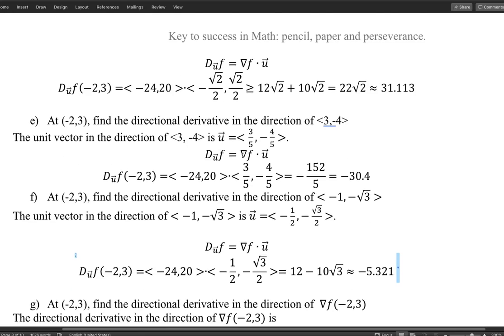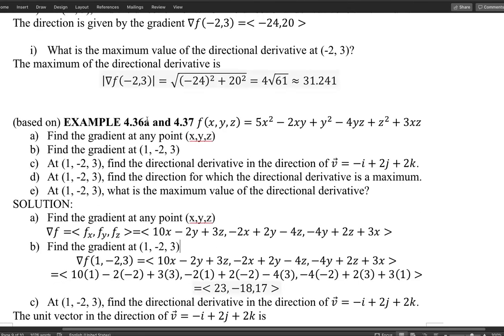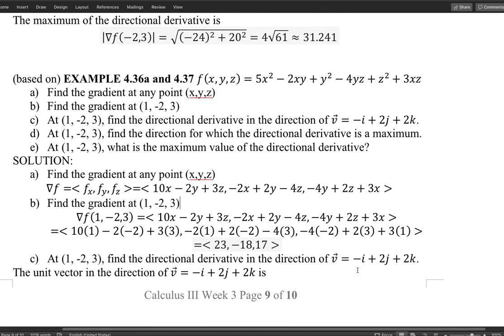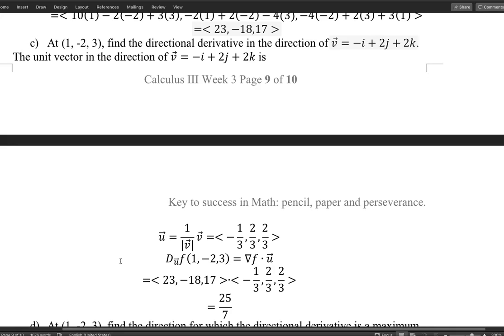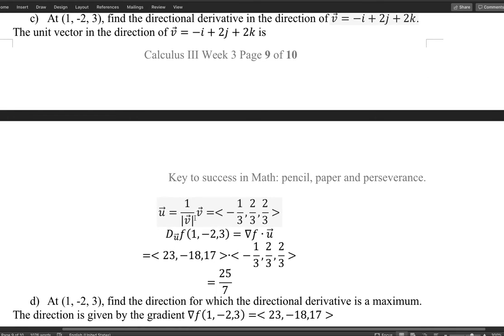So in part C, I'm talking about this example, the three-dimensional case. We are having a direction in a three-dimensional vector, and we understand this will have to be a unit vector, right? So first I calculate the unit vector.